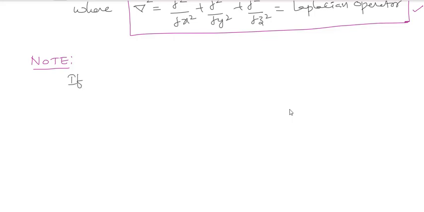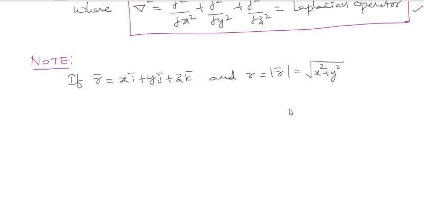If r bar is equal to xi bar plus yj bar plus zk bar, and r is equal to mod r bar, that is nothing but the root of x square plus y square plus z square, you know that. From this, I wrote earlier, del of f of r is f dash r into r bar by r, I wrote already, that you know.